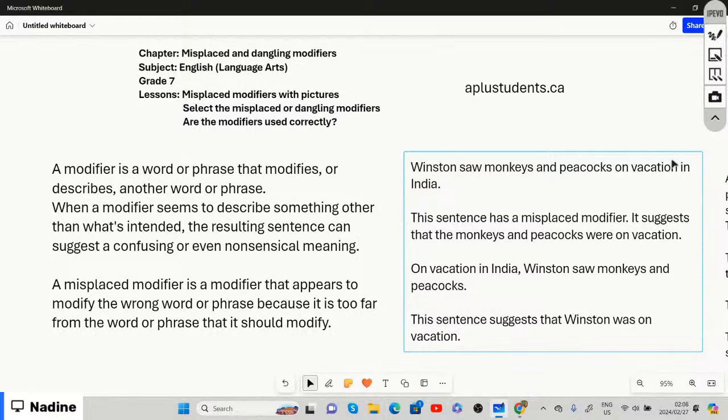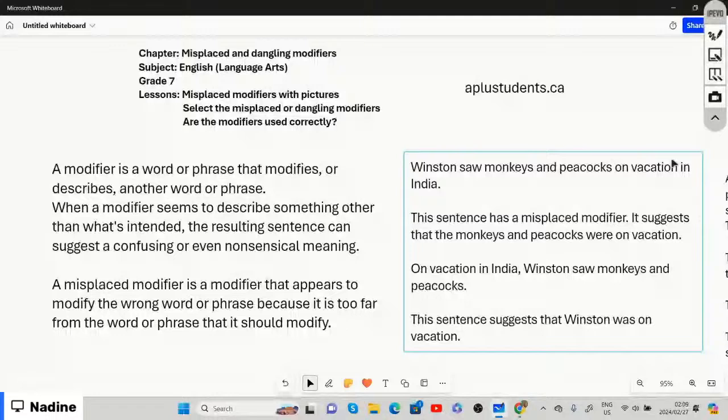So a modifier is a word or phrase that modifies or describes another word or phrase.